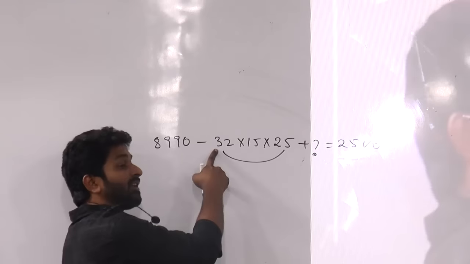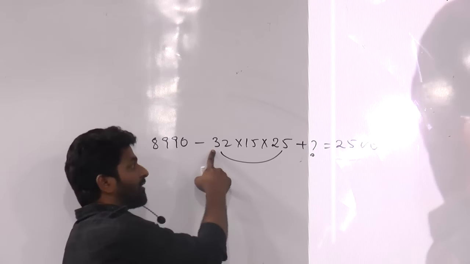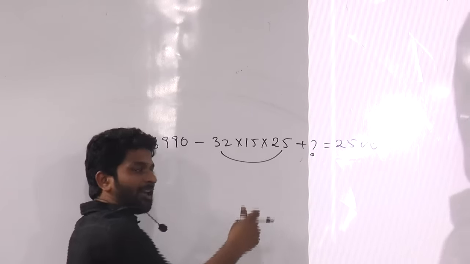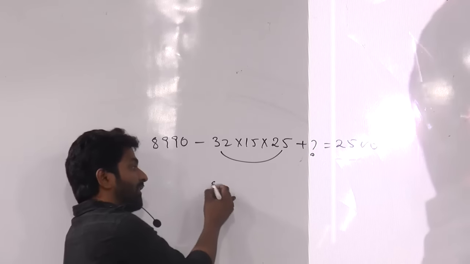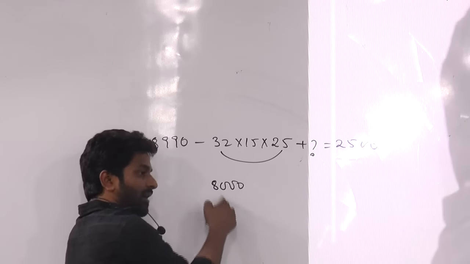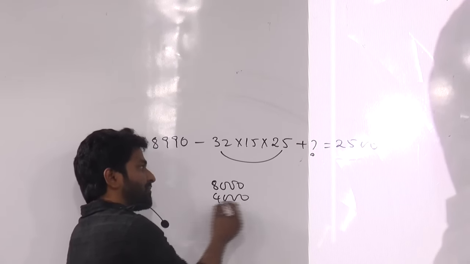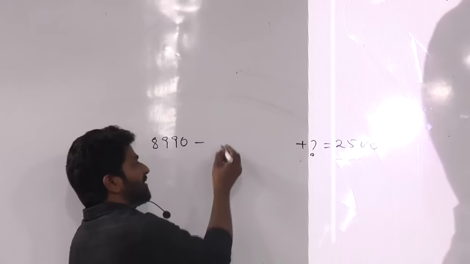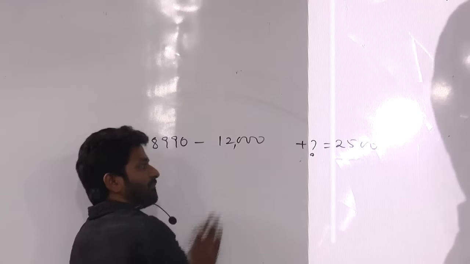How many such 4s are here? 8. So that will be 800, right? 800 into 15. 10 times of 800? 8000. Half of this? 4000. Total 12,000. So this entire value is 12,000.